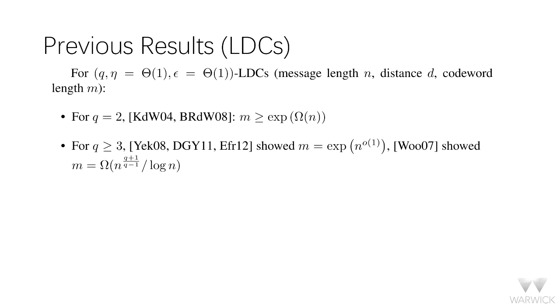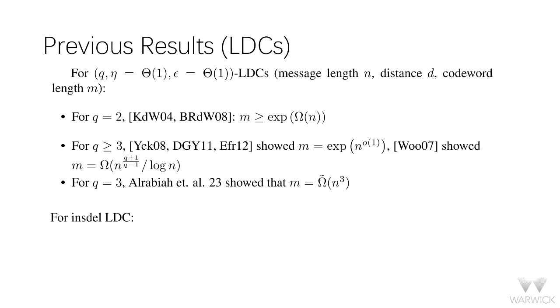For the lower bound, Woodruff '07 showed that m has to be at least omega of n to a constant slightly larger than 1, over log n. Notice that there is a big gap between upper and lower bounds for q at least 3. What's more, very recently, Alrabiah et al. '23 showed that for the q equal to 3 case, there is a cubic lower bound.